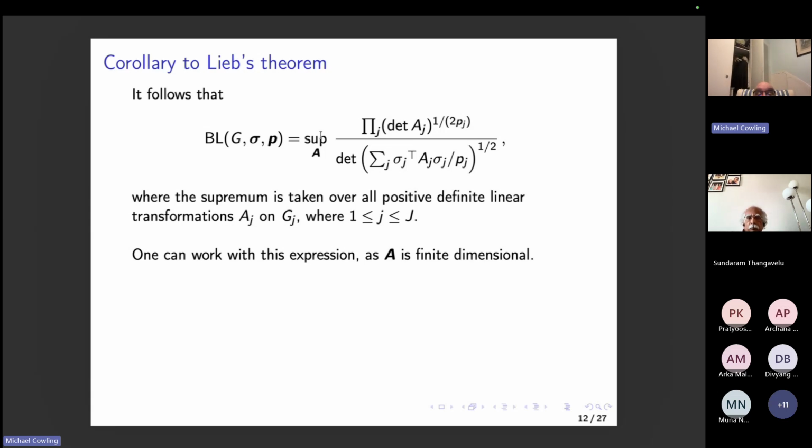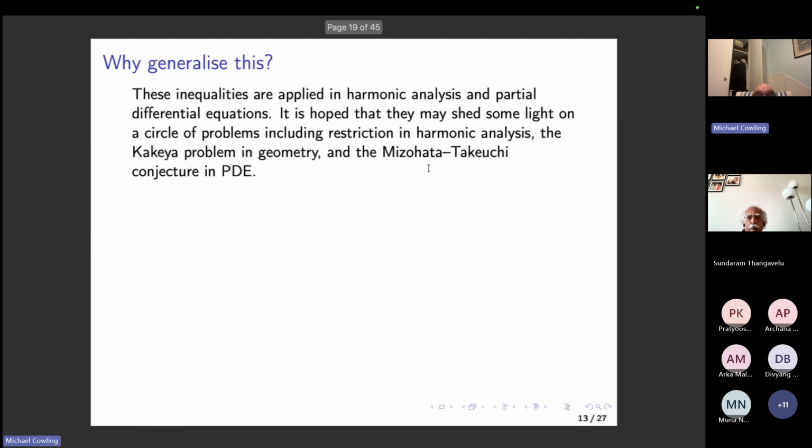And you have to take a supremum over all positive definite linear transformations A_j on the groups G_j, which are just R^{n_j}. So this is a slightly complicated expression, but the A's are only finite dimensional, so that makes it a little bit easier to work with.